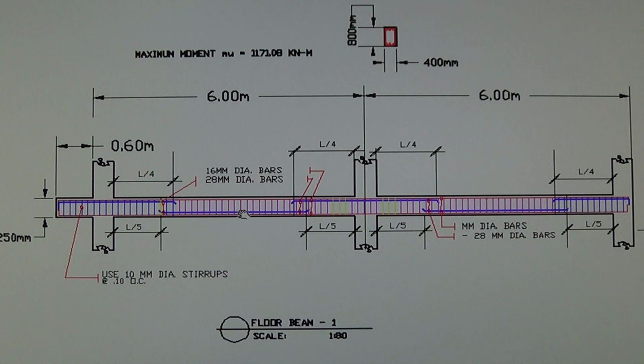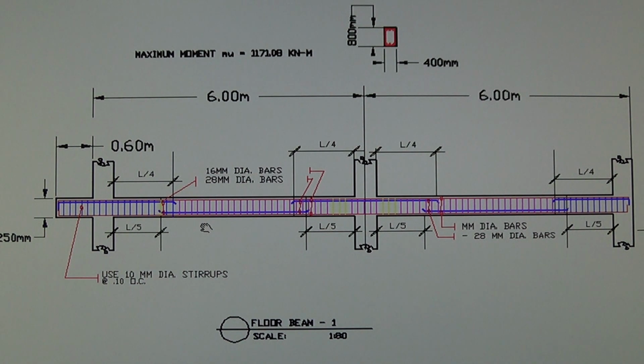This is the reinforcement that we're going to be designing. This is the bottom bar and this is the top bar. In this particular continuous beam, the maximum moment occurred at the midspan of the beam.